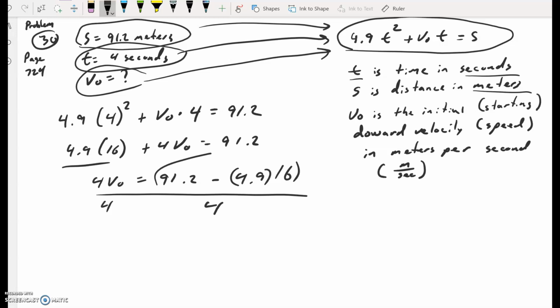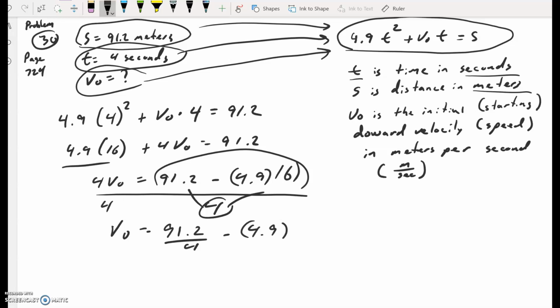And again, you can grab a calculator and do that calculation. I don't happen to have a calculator handy, and I don't feel like standing up. So I'm going to distribute the 4 to each part. And again, anytime you can grab a calculator, that would make a lot of sense here.